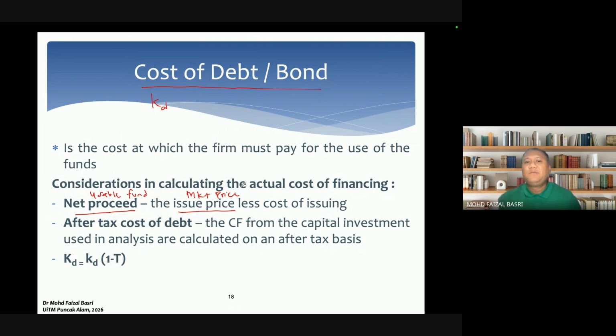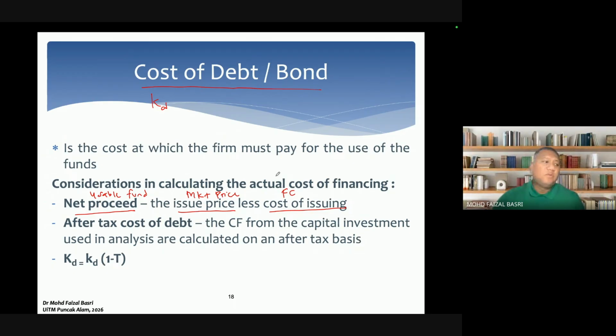Sebab ingat we're gonna sell the bond to the investor. So investor akan bayar ikut market price ataupun the launch price. Right? And we have to take into consideration the cost of issuing, ataupun in short selalunya I use the symbol FC. FC ni adalah the flotation cost. Okay, the flotation cost. So flotation cost adalah cost that we have to pay to the bank.